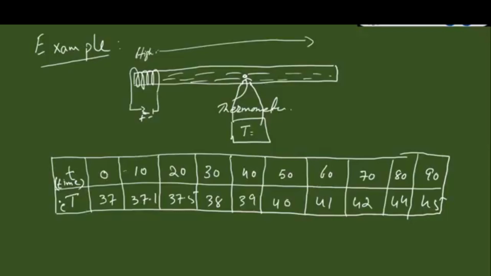You put some load here, and you apply heat there, and you want to see how the deformations happen. For that you need to understand the temperature variation first. So you note down the temperature, and you want to see how the temperature changes within this metallic rod based on this numerical data.